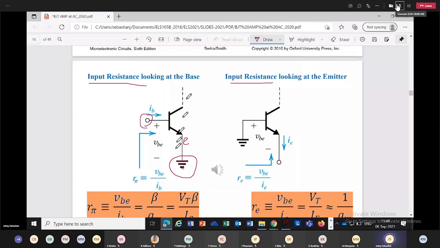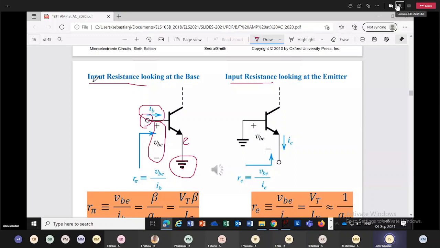We apply a VBE between base and emitter. This VBE makes a current IB. If you take VBE divided by IB, we can find the input resistance of a BJT looking at the base.